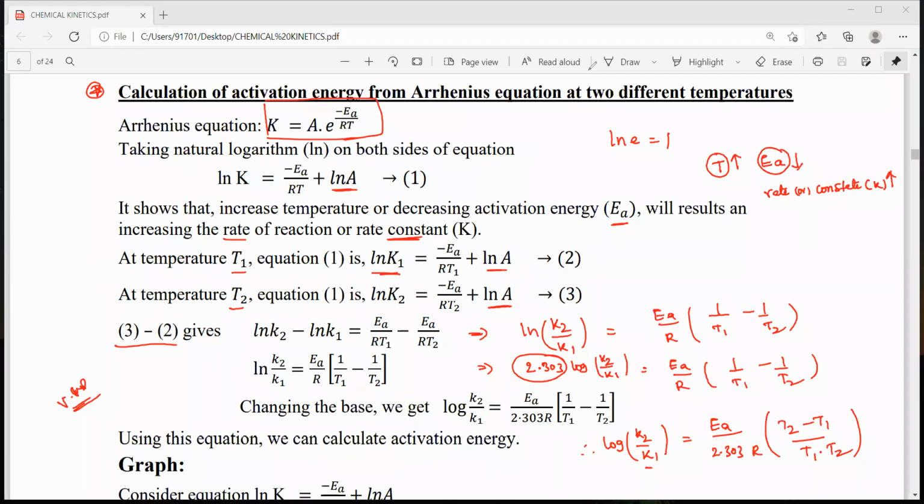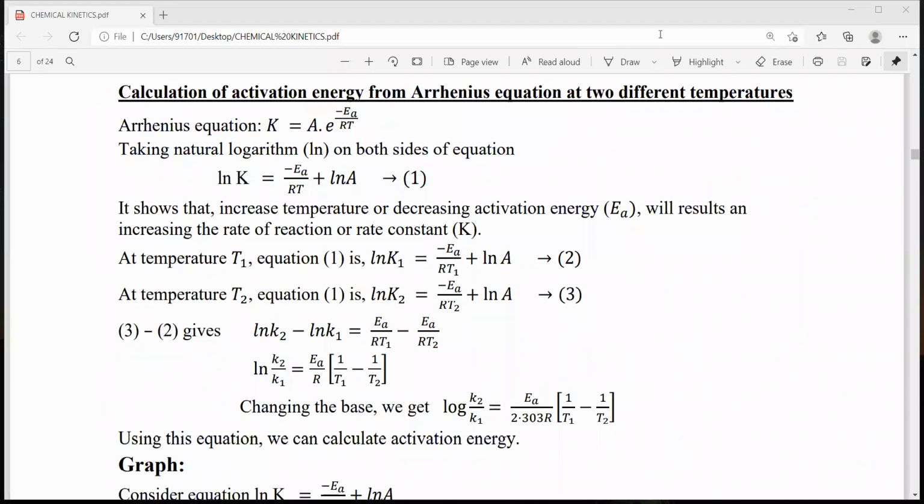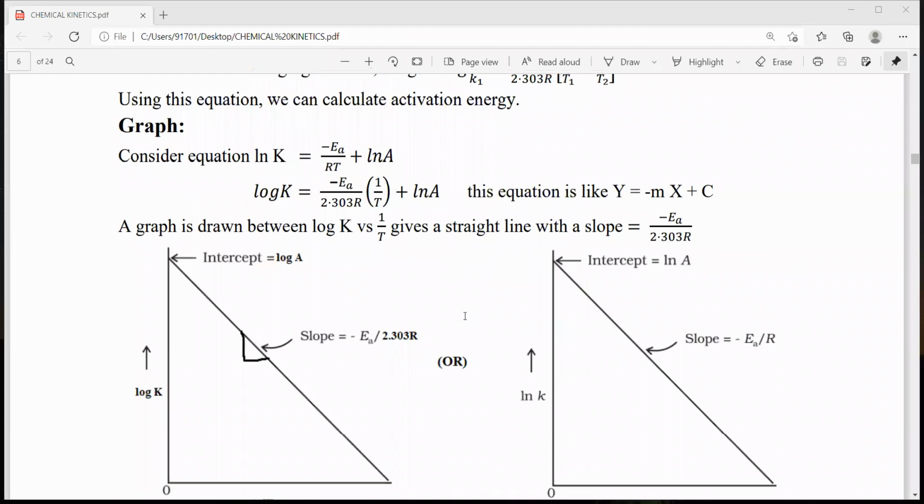Now we need to discuss the Arrhenius equation related graphical representations. Dear students, graphical representation is very, very important. These graphs are also asked in objective board examinations as well as in objective entrance examinations. First consider the equation: we know that k is equal to A into e to the power of minus Ea by RT.